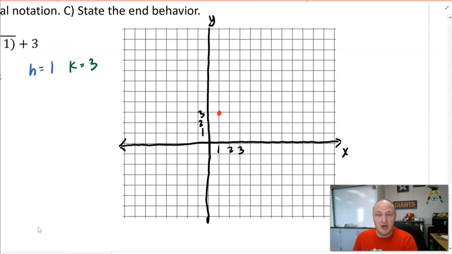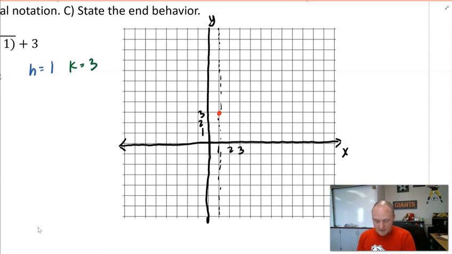Okay, and then I'm going to plot my next points. So remember, -1, -1 is left 1, down 1, and then 1, 1 is right 1, up 1. And since I'm having some horizontal stretch and compression, I'm going to put in a reference line. Again, you don't have to put in this reference line. We're going to erase it, but that just gives me a reference for where I'm reflecting about.